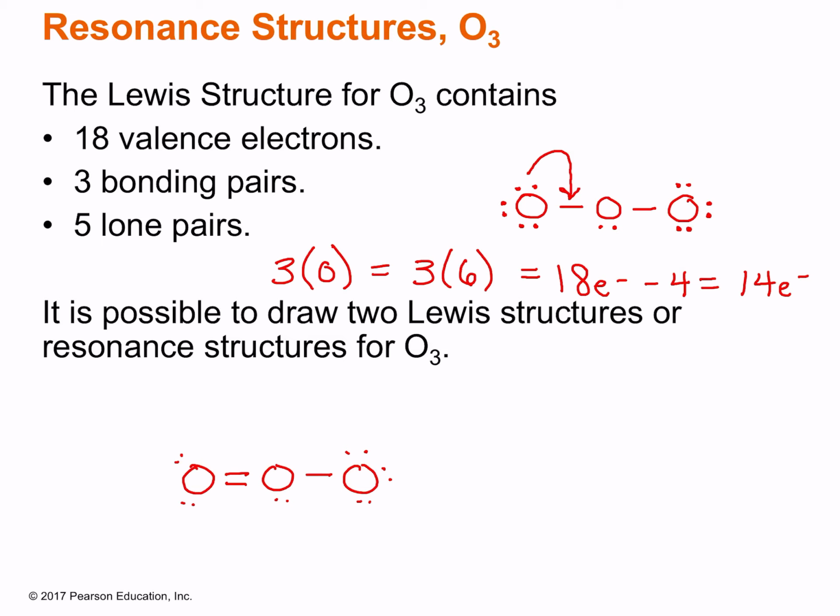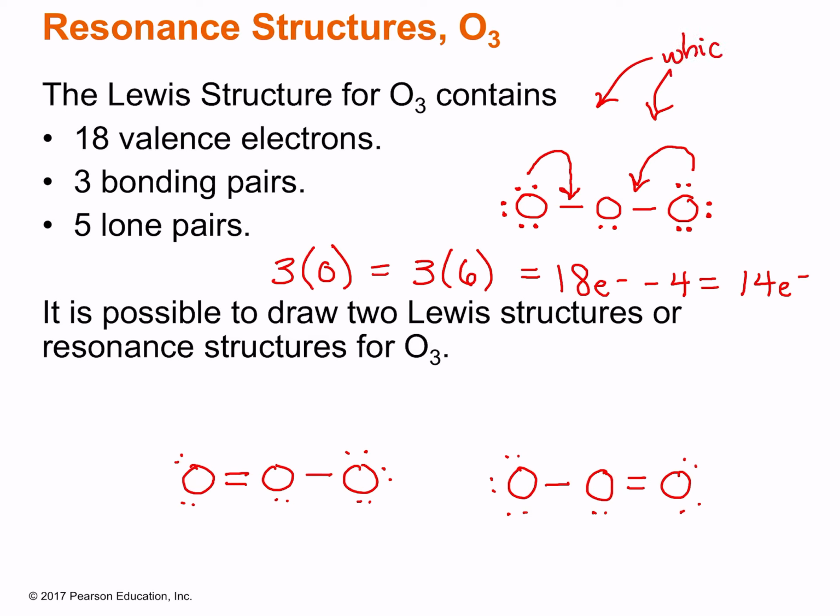When that oxygen donates its electrons and makes another bond, all of the oxygens have 8 valence electrons, and that is a correct Lewis structure. But we could just as easily have had the oxygen on the right donate its electrons, and that would have formed this structure. Both of these structures are correct, and it just depended on which oxygen we picked.